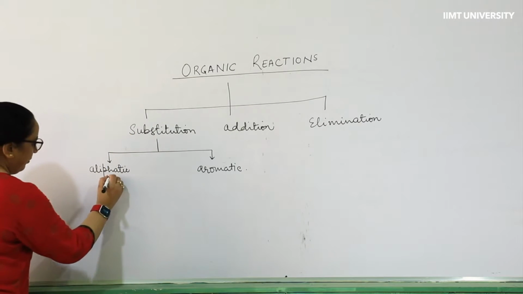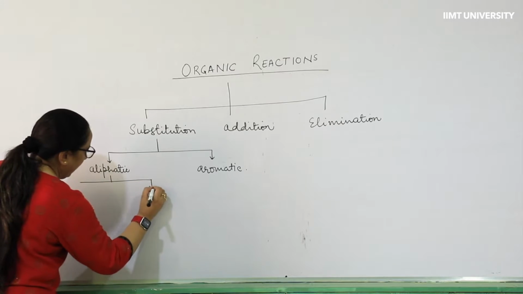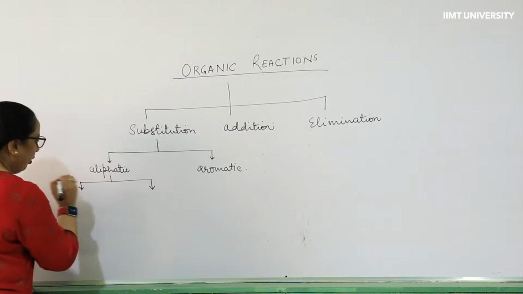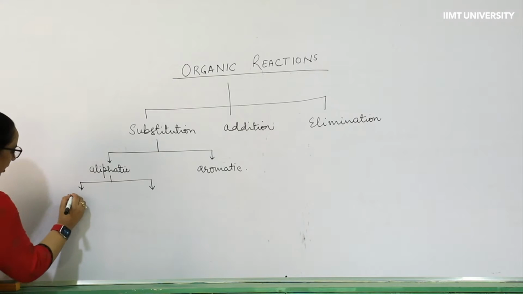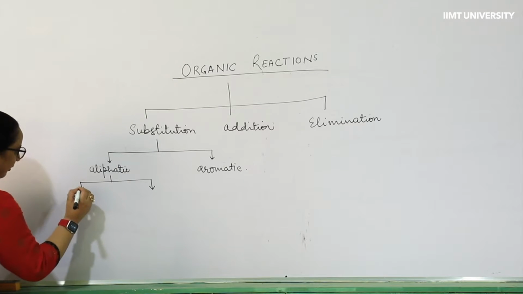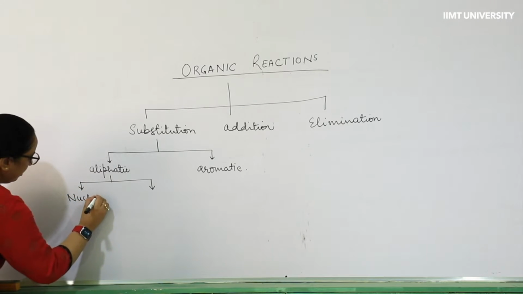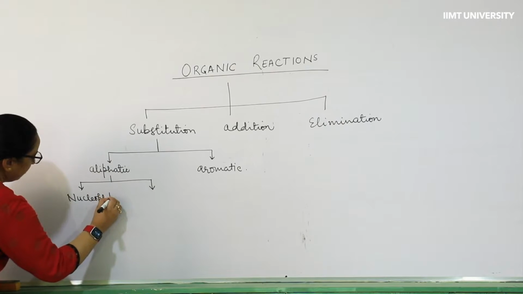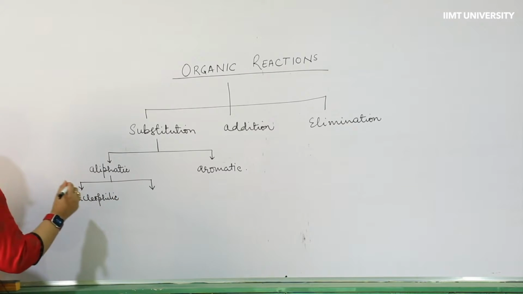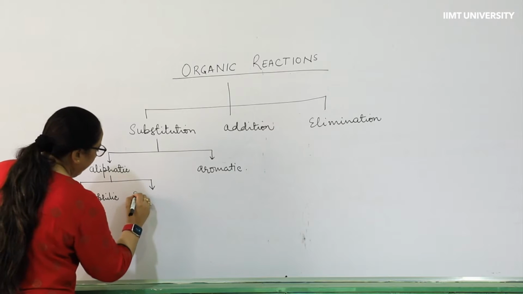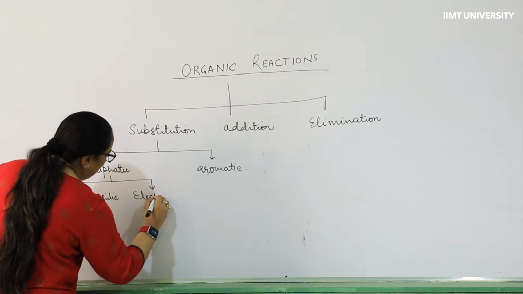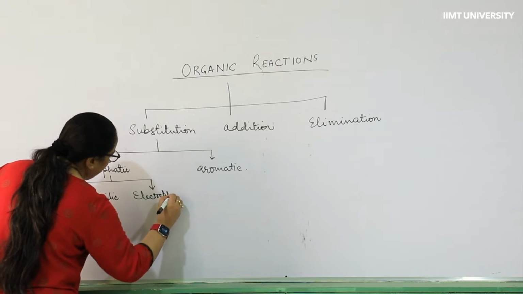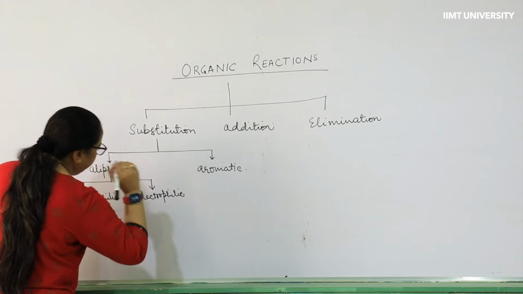So as I have just said, if the incoming group is nucleophile, it is called the nucleophilic aliphatic substitution reaction. And if the incoming group is electrophile, it is called the electrophilic substitution reaction.